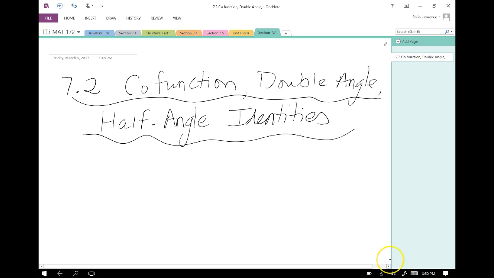So 3 different types of identities. But we're going to work off some of the ones that we already know to help us figure out some of these new identities. So I'm going to start with the cofunction identities.